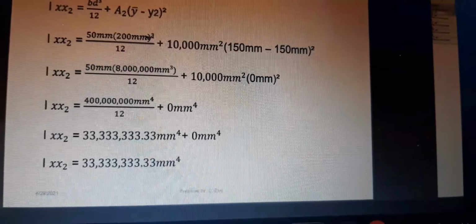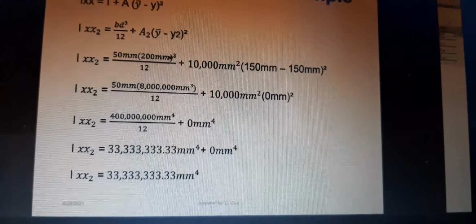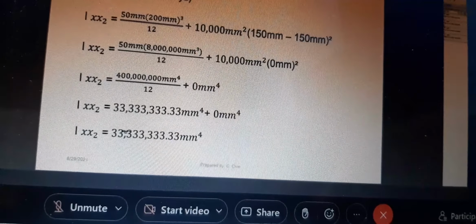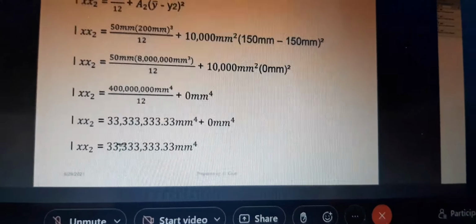Sometimes even that is confusing in terms of how you write down the B and the D. So you have to look at it over 12. Same area and so forth, and you're working it all the way down. So this would be, let's move our point, 1, 2, 3, 4, 5, 6. So you would have 33.33 times 10 to the power of 6.